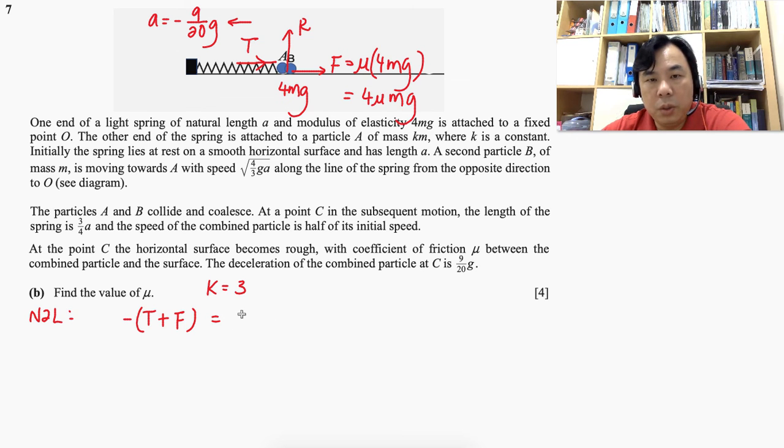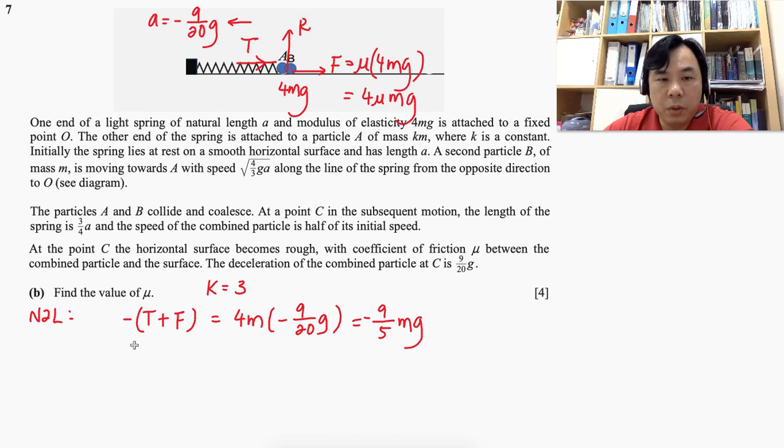That will yield the acceleration here, which is 4m times negative 9 over 20 g. If I were to simplify this, that will be 9 over 5 mg there, negative of 9 over 5. And then therefore you will see that there will be tension plus F is equal to 9 over 5 mg.